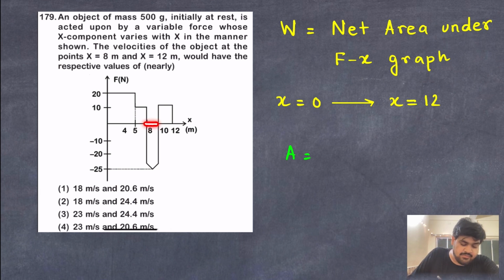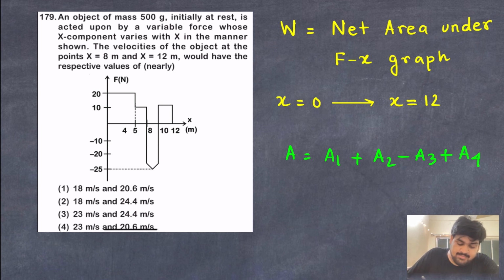Over here we take this area to be negative, because it is not contributing to the development of velocity, it is actually retarding the velocity. So anything below the x-axis will be kept as negative, and plus this area, right? So this will be a1 plus a2 minus a3 plus a4. Hope I'm clear with this.